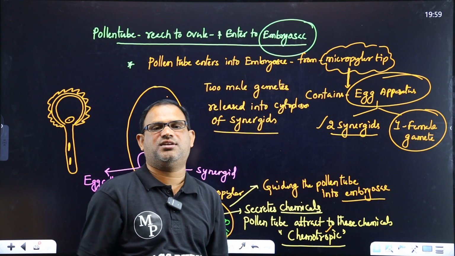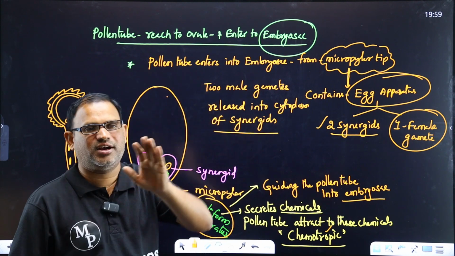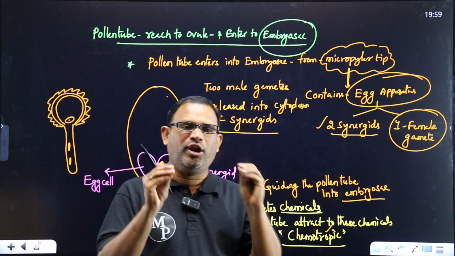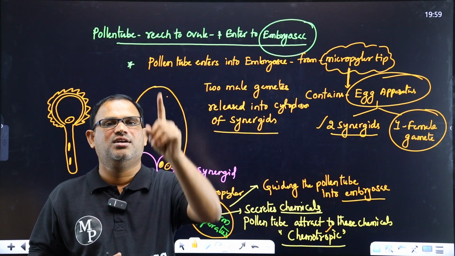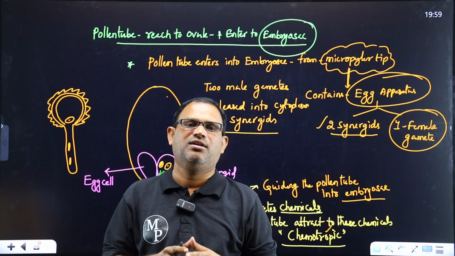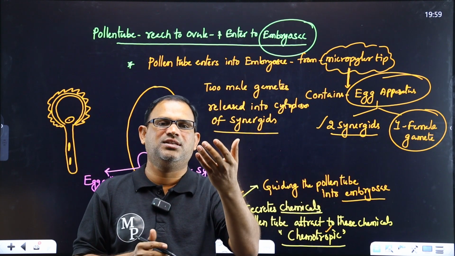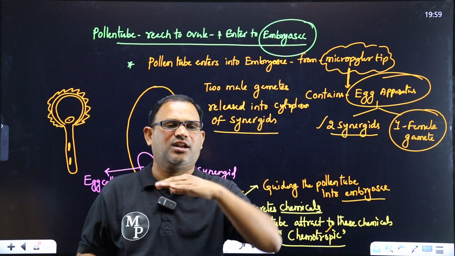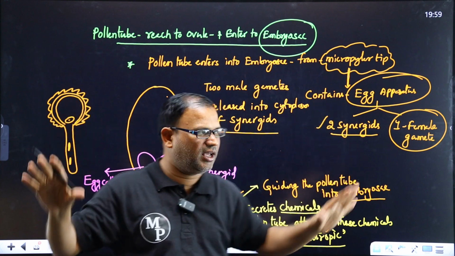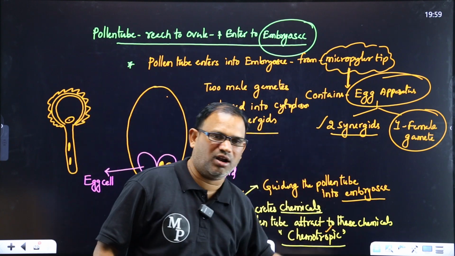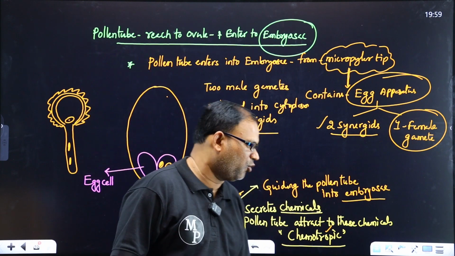Finally, the pollen tube reaches the embryo sac through one of the degenerated synergids. The tip of the pollen tube bursts, and the two male gametes are released into the cytoplasm of the synergids. This is all about pollen-pistil interaction.